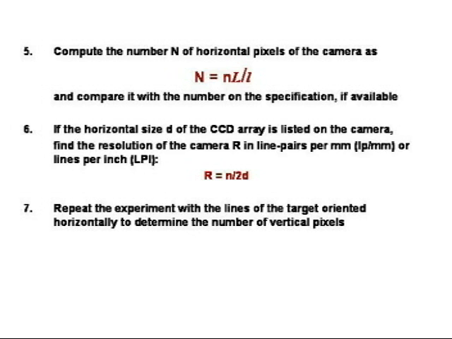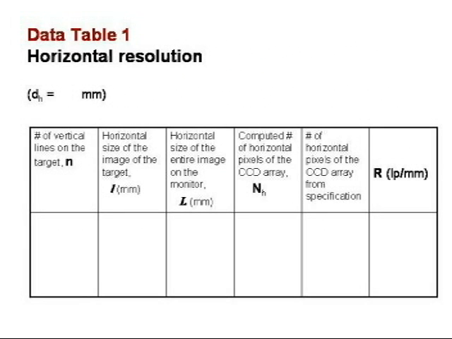And then you reorient your target 90 degrees, so the lines are oriented horizontally now, and repeat the experiment to determine the number of vertical pixels on the camera. With these data, you fill table 1 for the horizontal resolution. Again, here D sub H is the horizontal size of your CCD sensor, if available.